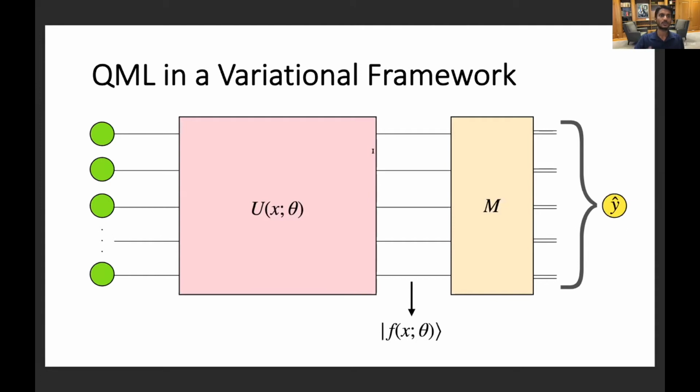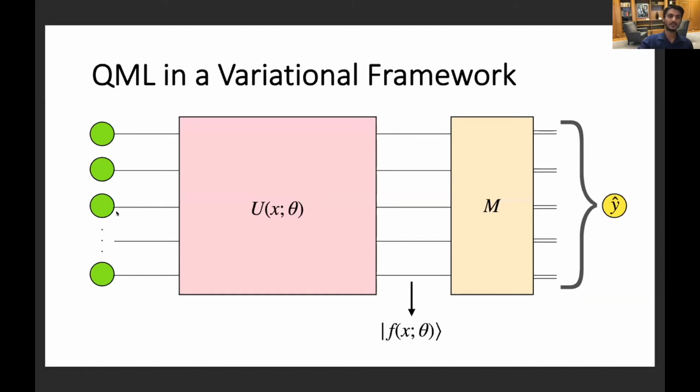So, how would quantum machine learning in a variational framework look? Just like I said a couple of slides back, you can think of this variational quantum model as similar to your classical neural network, where you give some input data, and that input data is fed through layers of neurons, and then at the end you compute the cost function and then do optimization.